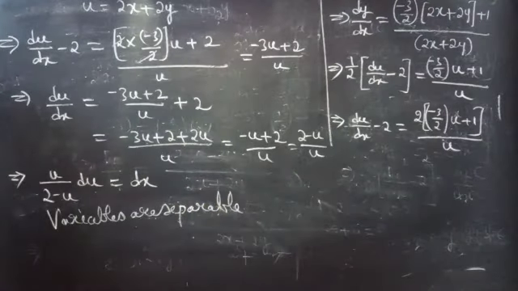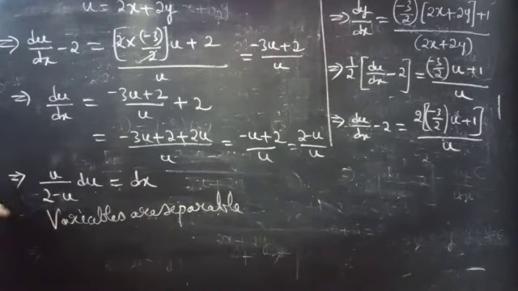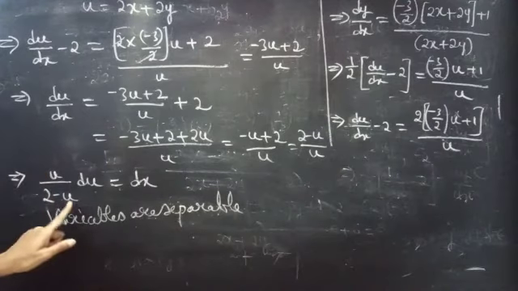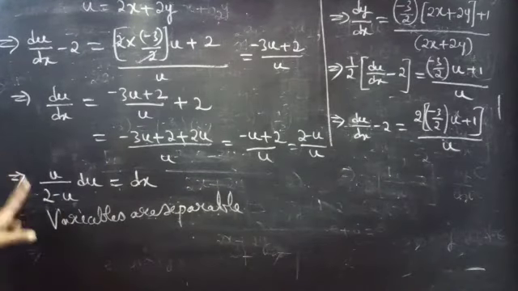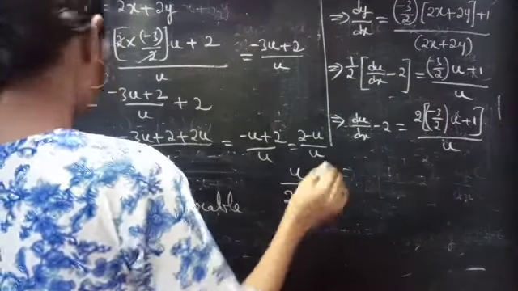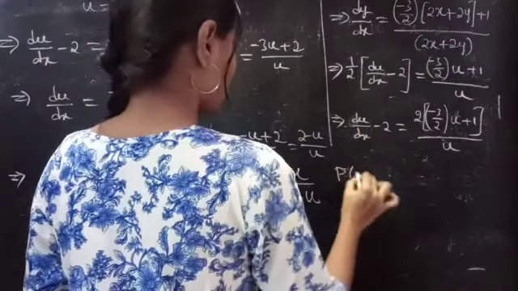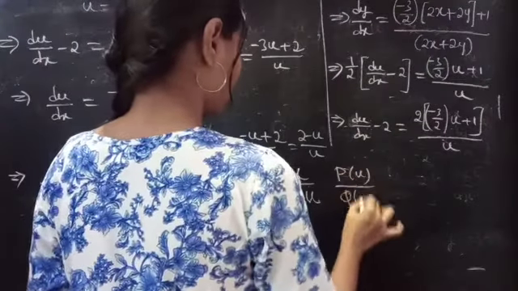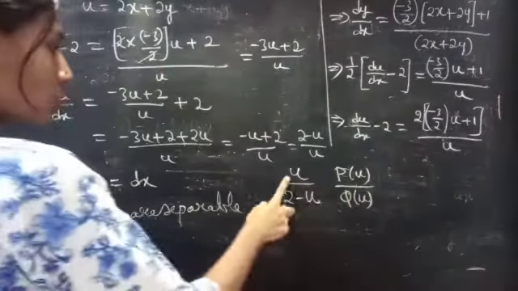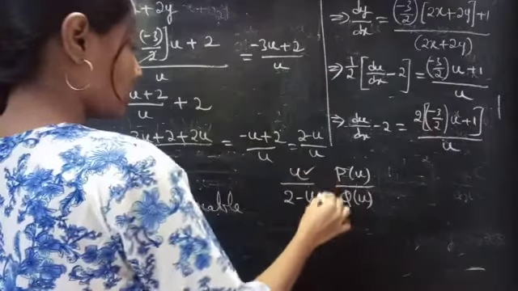So before performing integration, we notice that u by 2 minus u is an improper fraction. If you represent u by 2 minus u as p of u by q of u, you're having p of u equals u and q of u equals 2 minus u, which is a linear polynomial.